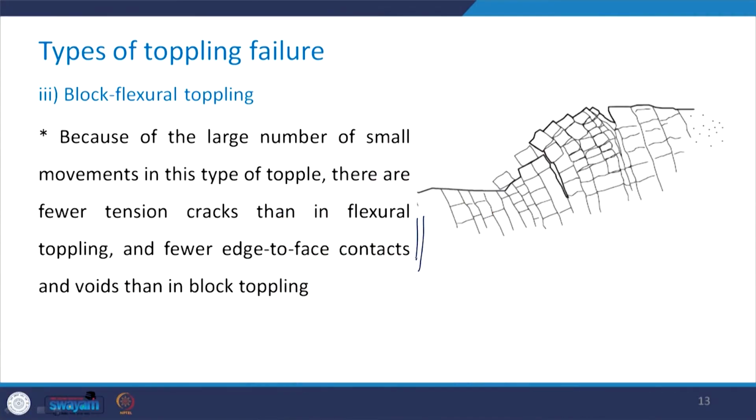In case you have this block flexural toppling kind of behavior, there are going to be fewer tension cracks as compared to those which were present in the case of flexural toppling, and there are going to be fewer edge-to-face contacts and voids as it was there in the case of block toppling, and this figure itself is self-explanatory as far as this concept is concerned.